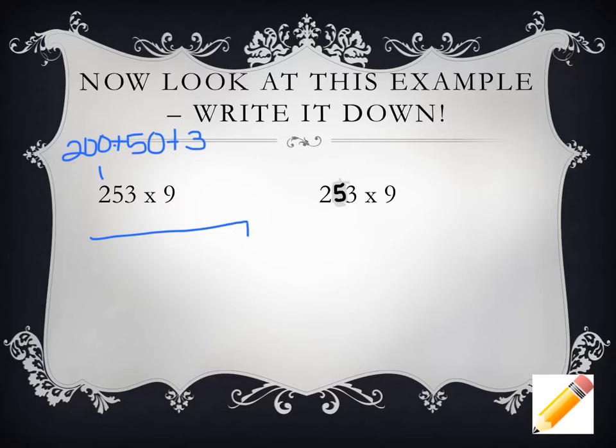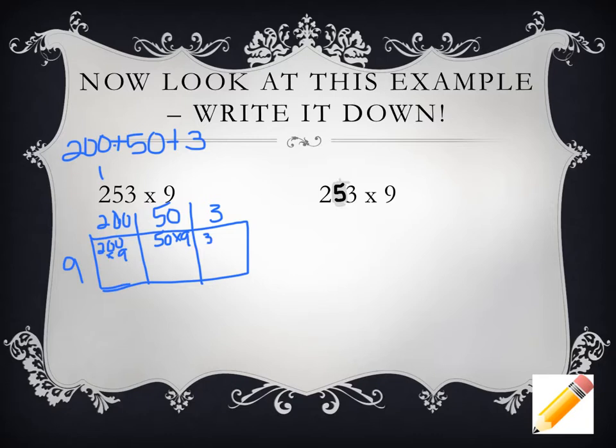To draw the model then, I use my rectangle and I split it up into 3 parts for 200 and 50 and 3. Since my problem is 253 times 9, I need to multiply all of those numbers by 9, giving me 200 times 9, 50 times 9, and 3 times 9.